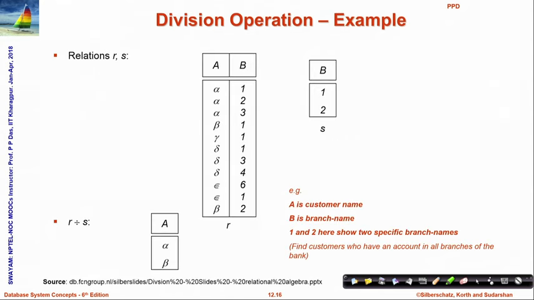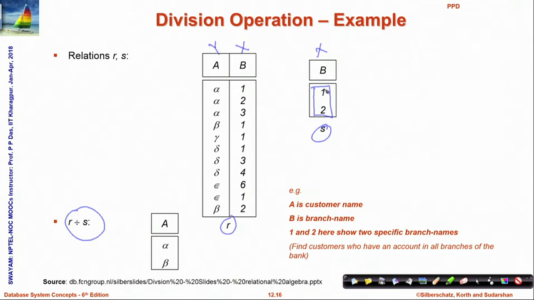Let us take an example. Let us say this is the relation R and this is the relation S, and I am trying to compute R divided by S. So, this is x, this is attribute set y.